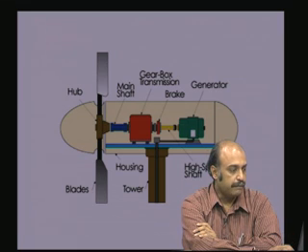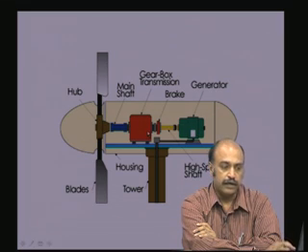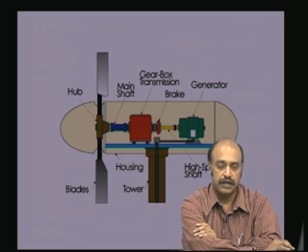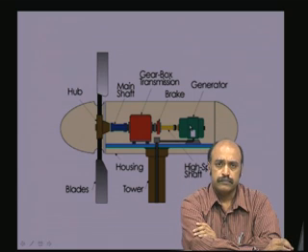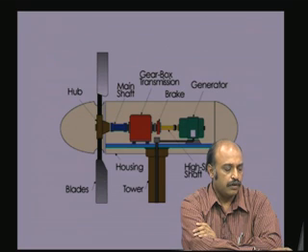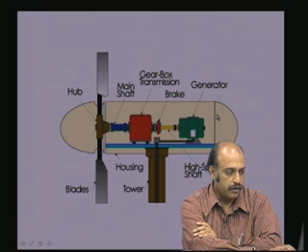To have the speeds compatible, you have a gearbox, and the generator, which could be an induction motor acting as an induction generator, or a DC generator, or it could be an alternator. All these machines can be used for converting the mechanical power to electrical output.